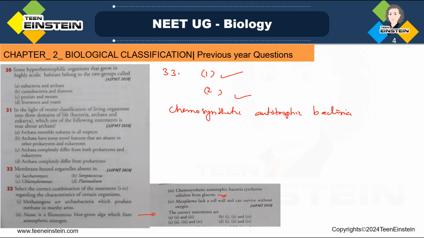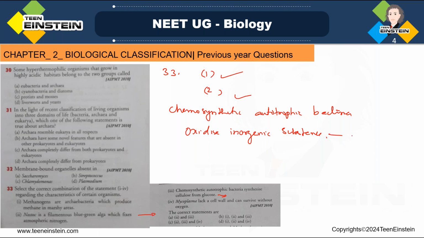But chemosynthetic autotrophic bacteria oxidize various inorganic substances, like nitrates and ammonia, and they use the released energy for their ATP production.